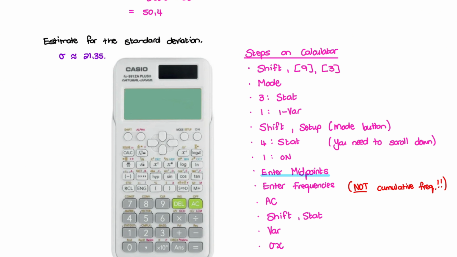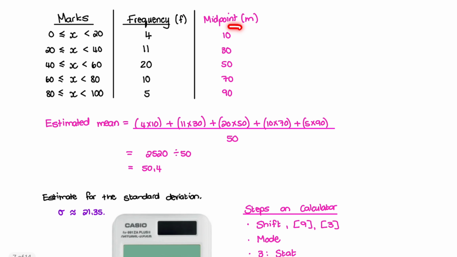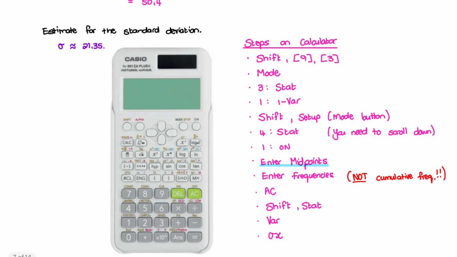Once at that option, it will ask you frequency on or off, and you choose option 1 to put frequency on. What will happen now on your calculator, you'll have the x with a line and then another column for frequency. And now we can enter the data. So the data that you enter for the x values would be these midpoint values, and the data that you enter for the frequency would be the frequency table.